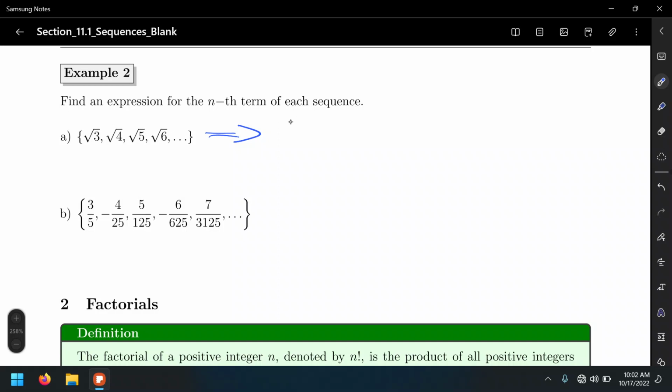Of course, we need to start with the correct notation. It has to be some curly braces to begin with. Is there anything that stands out that you believe should be in the expression? Well, they're all positive.